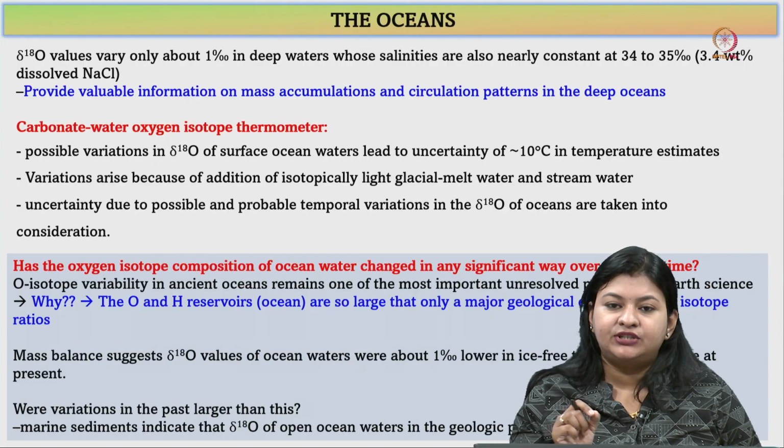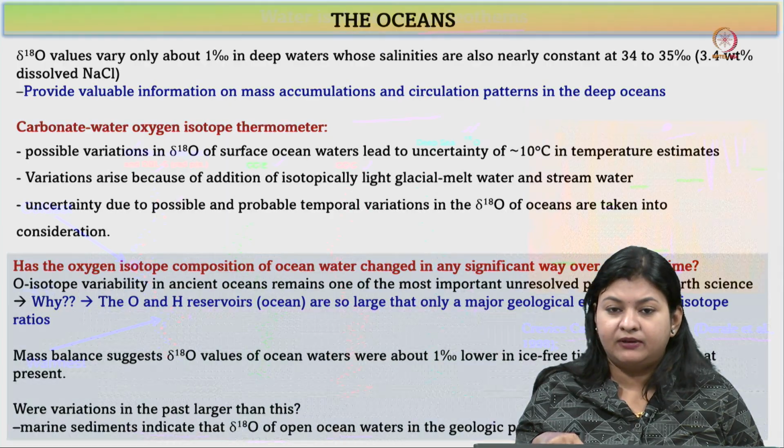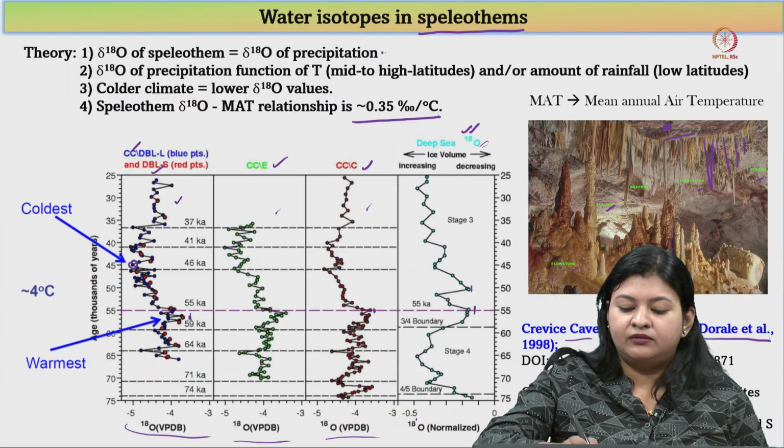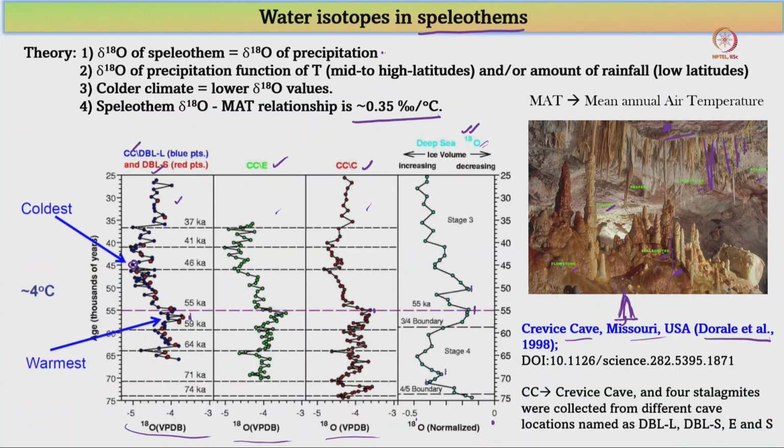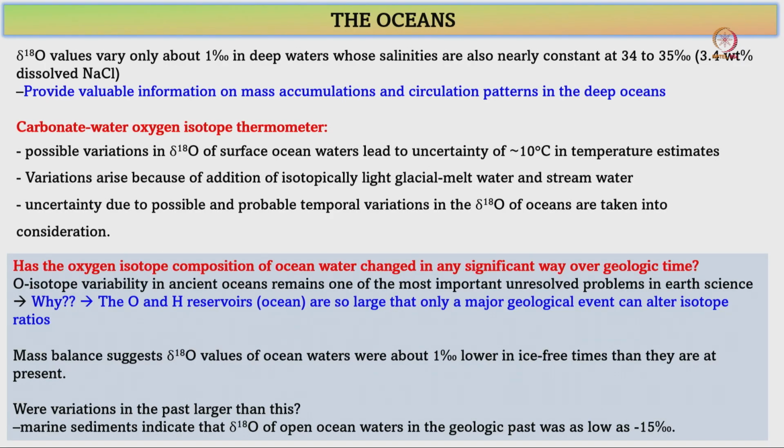So, the changes here are in 0.1 parts per mil, right. That is why, when we are working with deep sea ocean data, the maximum variation that we observe is only 1 parts per mil, and they are also nearly constant at 34 to 35 PSU, that is the salinity value.